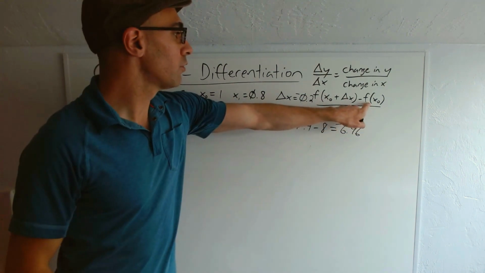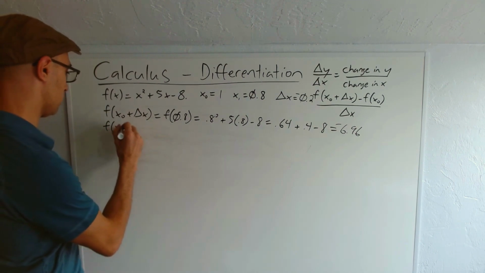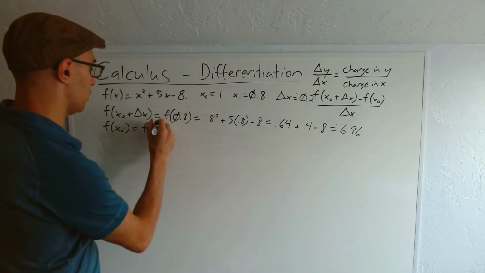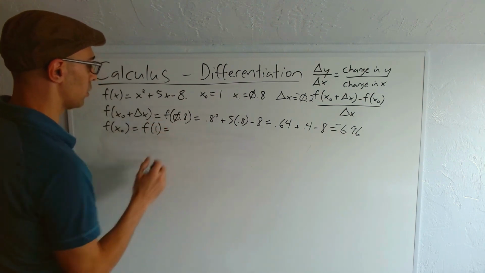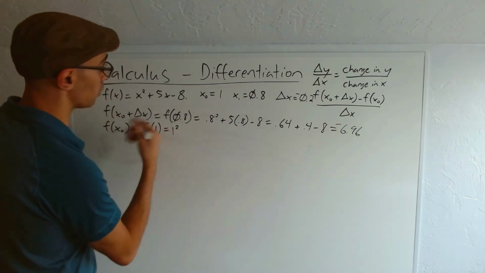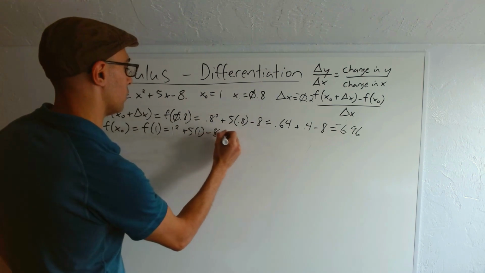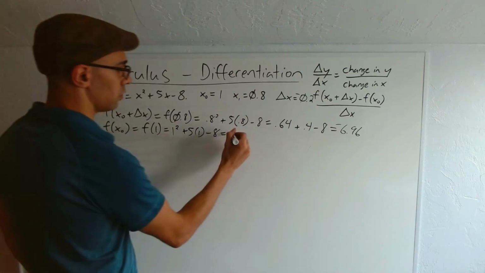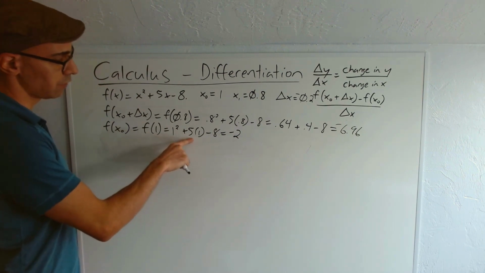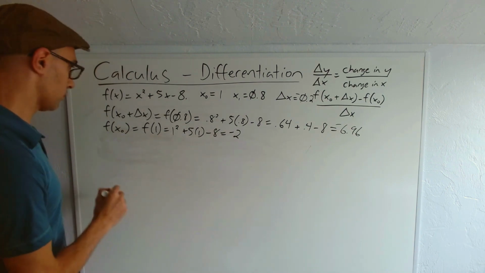Now let's go back. Let's find the second piece, f of x naught, which is our function with x as a value of 1. So we plug in 1 for the value of x, and we get negative 2. 1 squared is 1, plus 5 times 1, which is 5, so 1 plus 5 is 6, minus 8, negative 2.